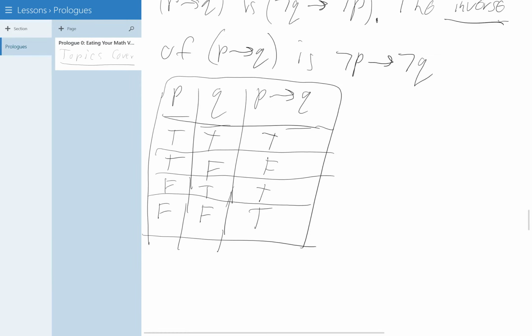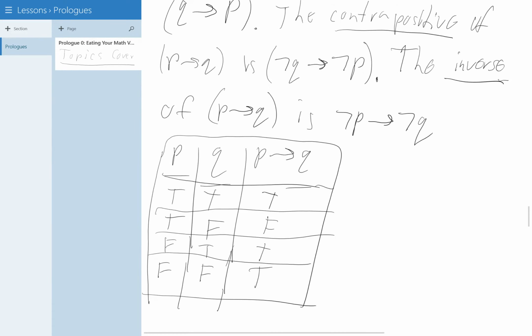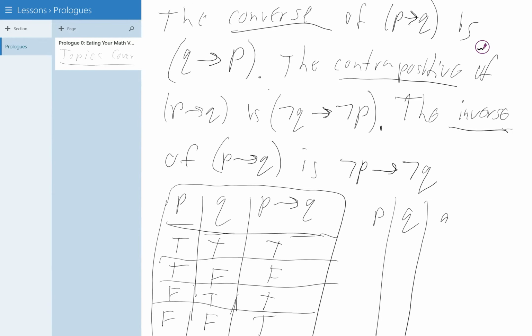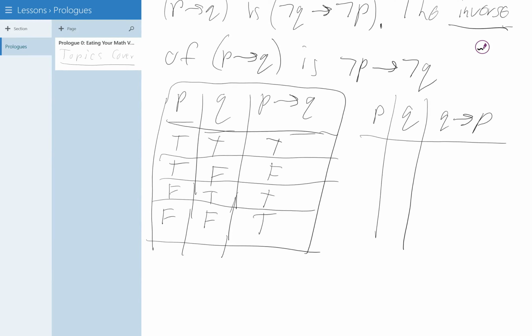Alright, so now I'd like you to try it for the converse, so try Q implies P. And then I want you to try it for the others.